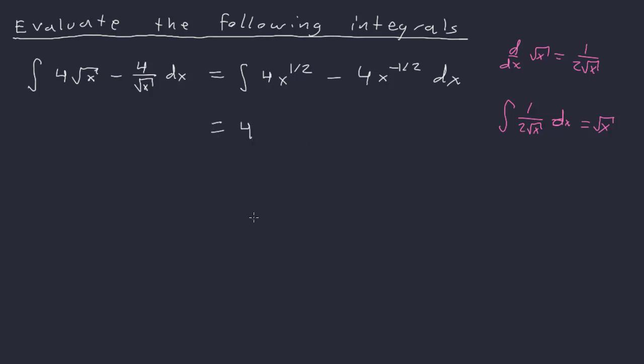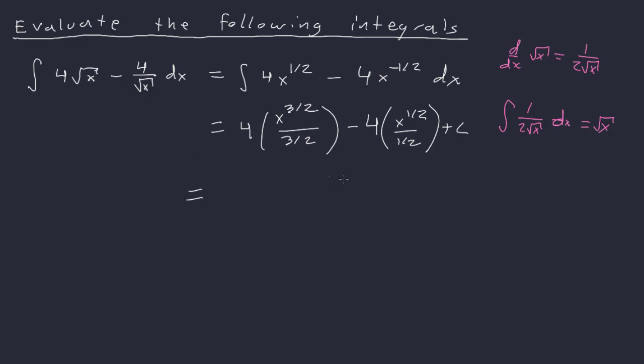This will be 4 times x to the 1/2 plus 1 over 1/2 plus 1. So to kind of simplify our lives, 1/2 plus 1 is 3/2. So this will be x to the 3/2 over 3/2 minus, and then here, negative 1/2 plus 1 will be x to the 1/2 over 1/2 plus c.